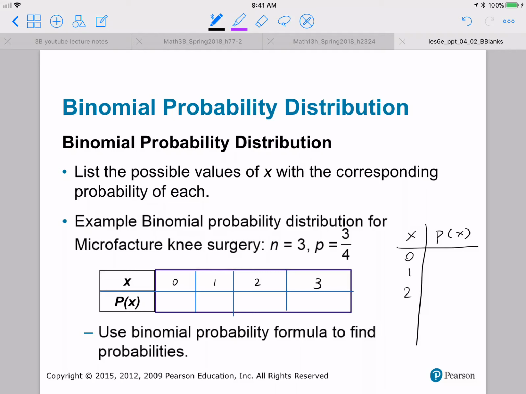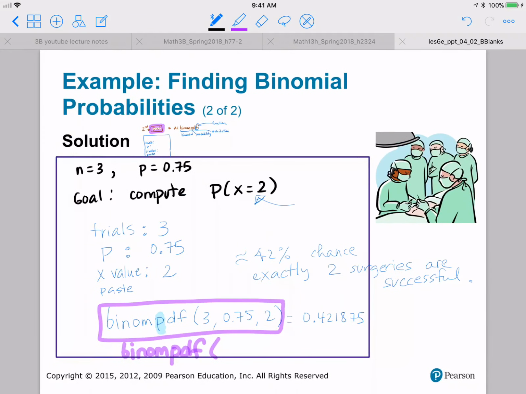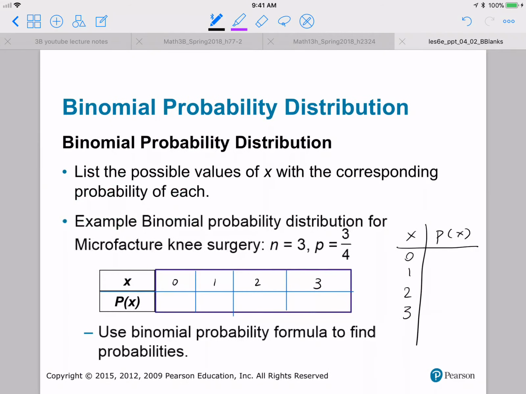Now, we just computed that the probability of x being exactly equal to 2 is 0.4218, using our technology. So we can put that in here, 0.4218.